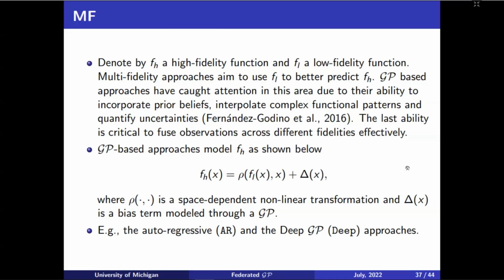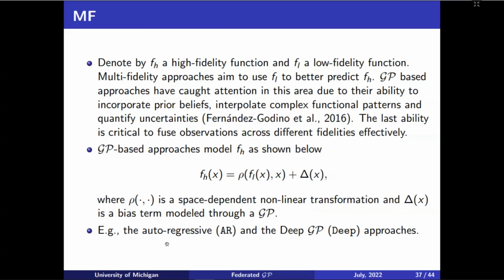To be more specific, the Gaussian process-based approaches model the high-fidelity function as below, where this rho is a space-dependent nonlinear transformation of the low-fidelity function and also the input x. And this delta x is a bias term modeled through a Gaussian process. There are several approaches to solve this Gaussian process model.